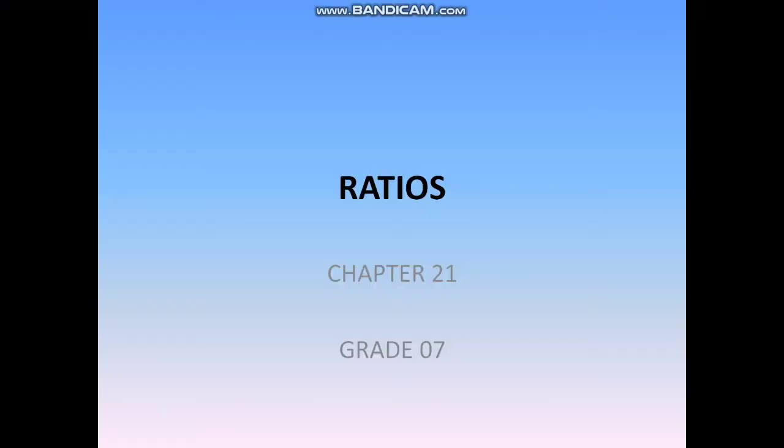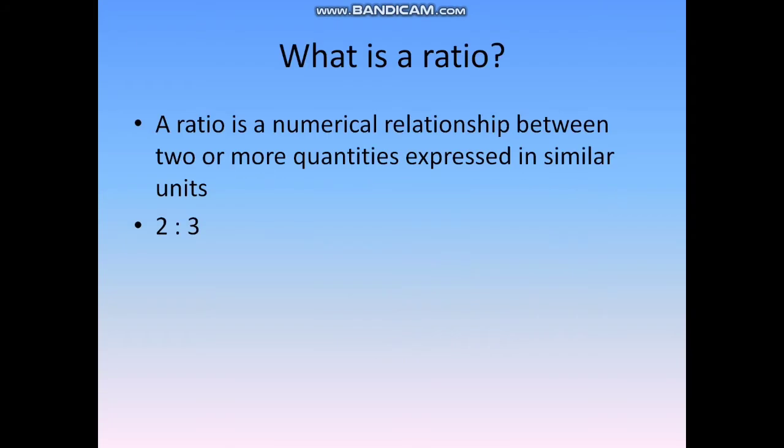Today I am going to do chapter 21 of the grade 7 government syllabus, ratios. Let us first see what a ratio is. A ratio is a numerical relationship between two or more quantities expressed in similar units.